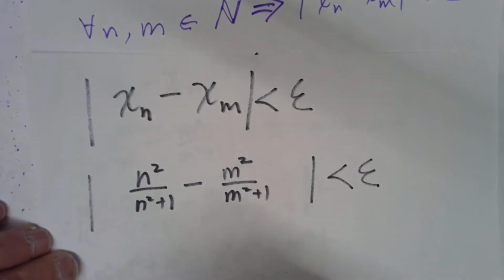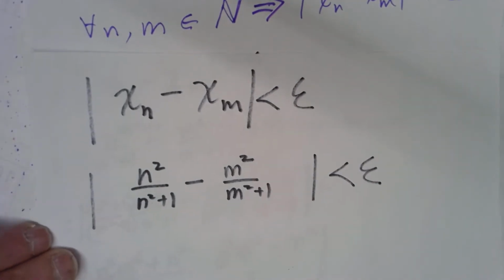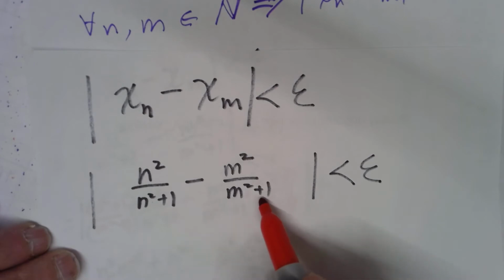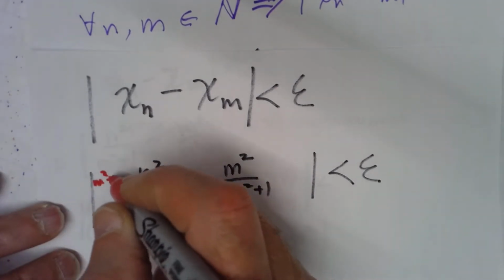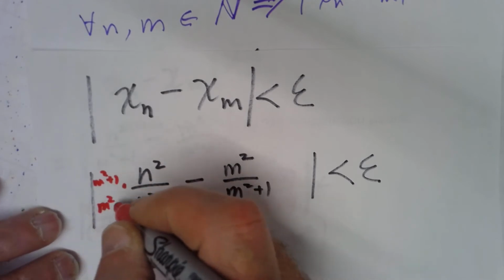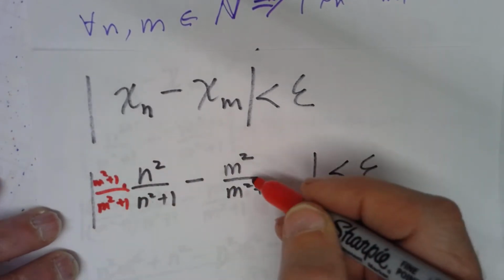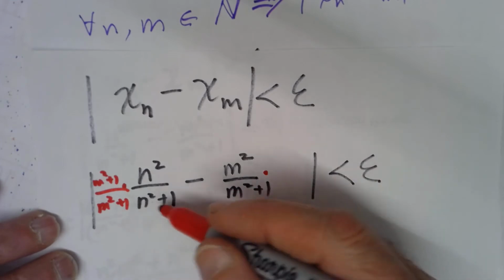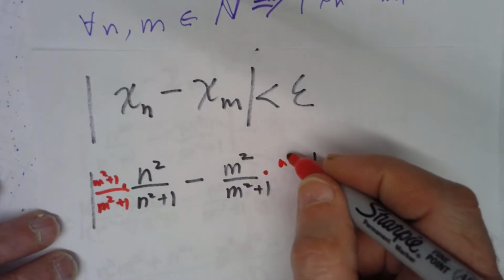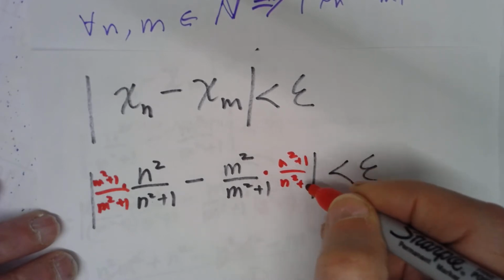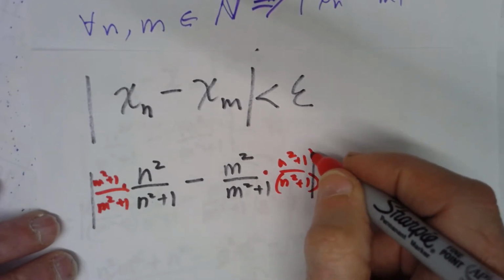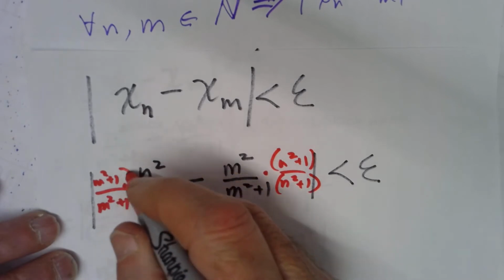So we need a common denominator. Since we need an m squared plus 1, we're going to multiply by m squared plus 1 over m squared plus 1. And here we need an n squared plus 1, so we're going to multiply by n squared plus 1 over n squared plus 1. Put parentheses around all that.